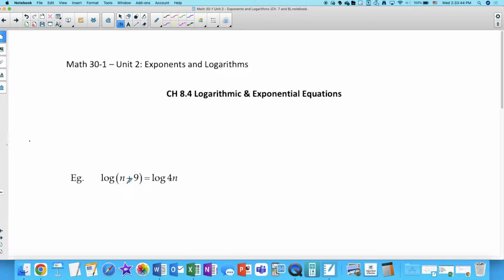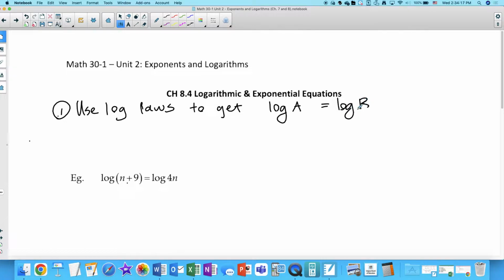Okay? When you're solving a logarithmic equation, there's essentially two strategies that you want to think about. One, you can combine logarithms using log laws to get an equation that looks like this: log of A equals log of B. Okay?